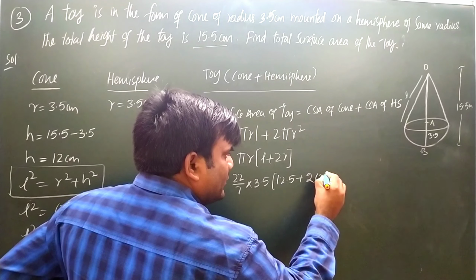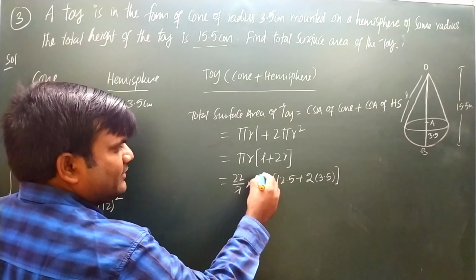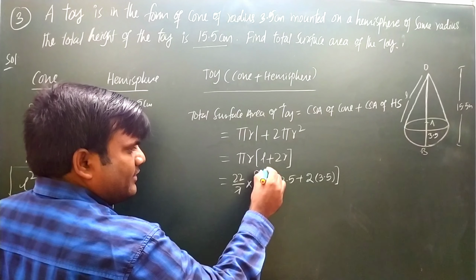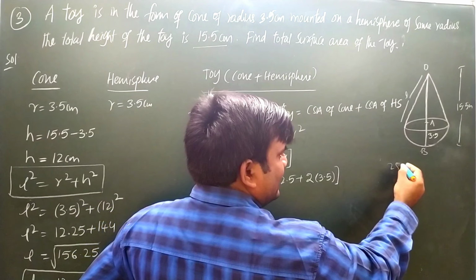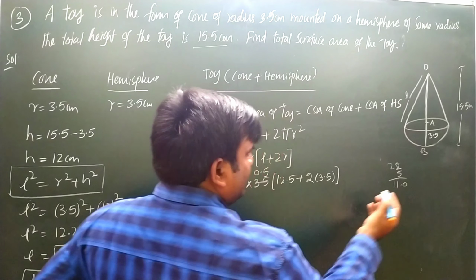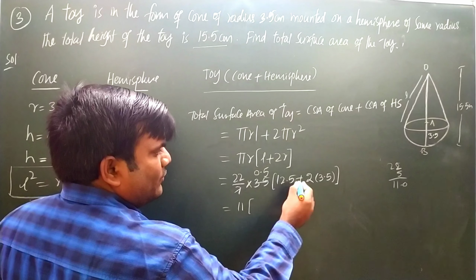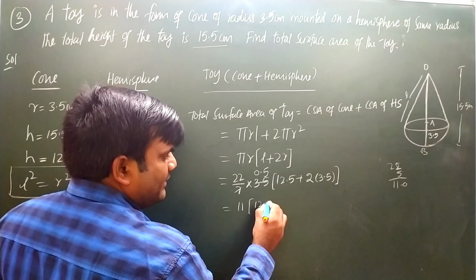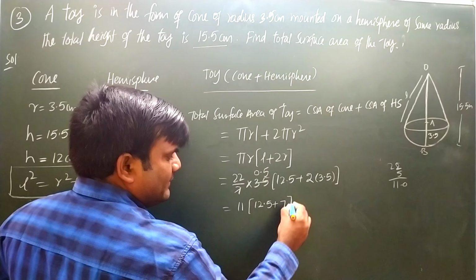So 2 into 3.5, now 7 ones are 7, 7 5s are 35, so 0.5. 22 into 0.5, 22 5s are 110, so 1 decimal. So here you will get 11 into 12.5 plus 3.5 into 2 is 7.